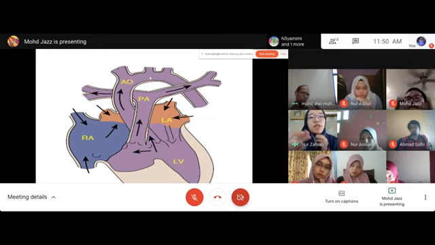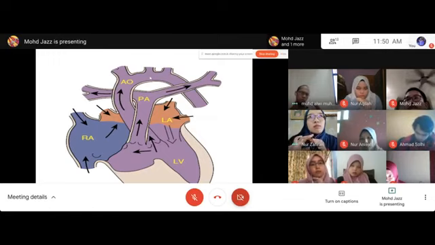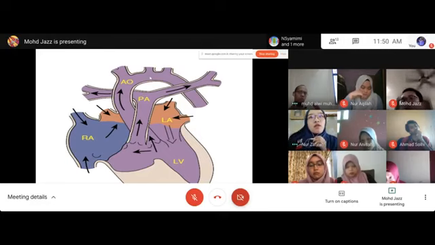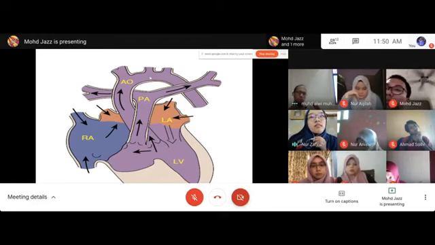If there is no connection between the right side and the left side, this patient is incompatible with life. So that's it for tricuspid atresia.